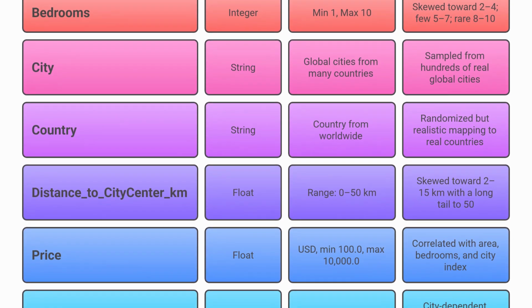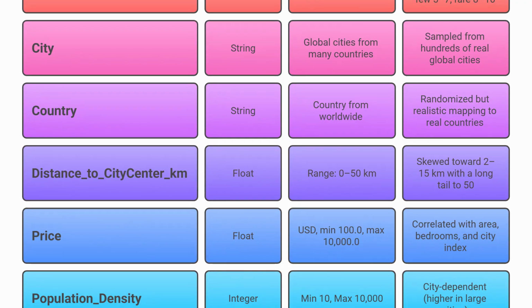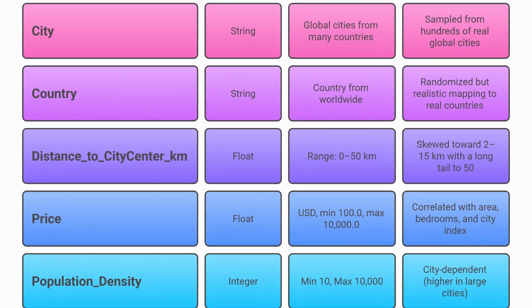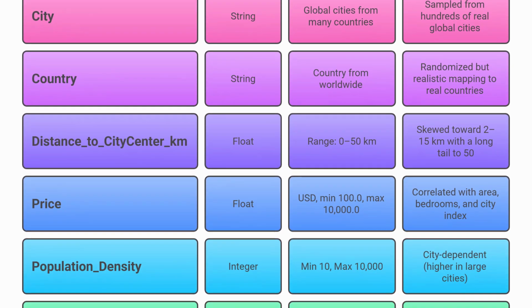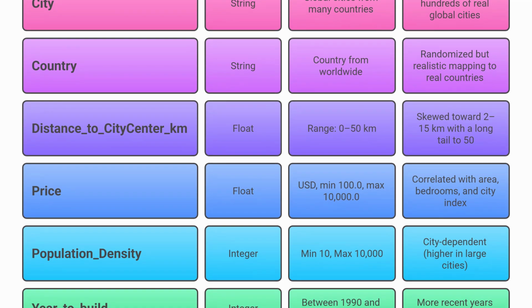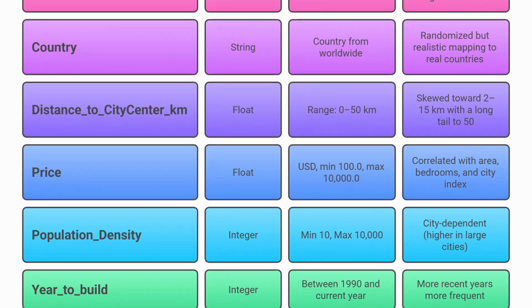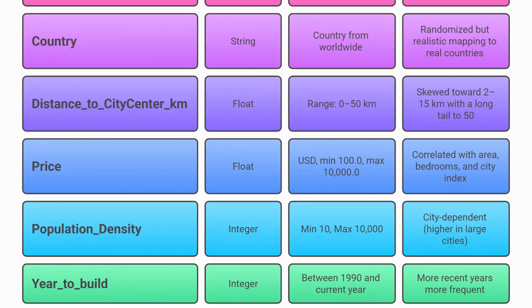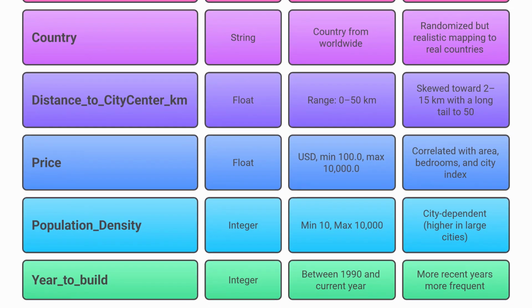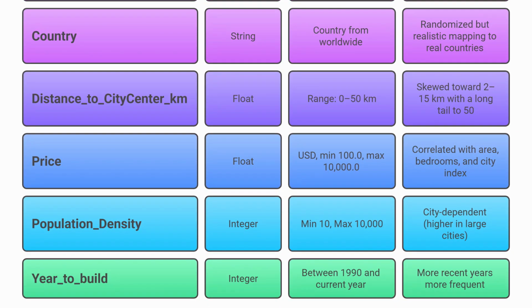Distance to city center, kilometer, distance of the property from the city center in kilometers. Price, estimated price of the property in USD. Population density, number of people per kilometer squared in the surrounding area. Year built, year when the property was constructed.